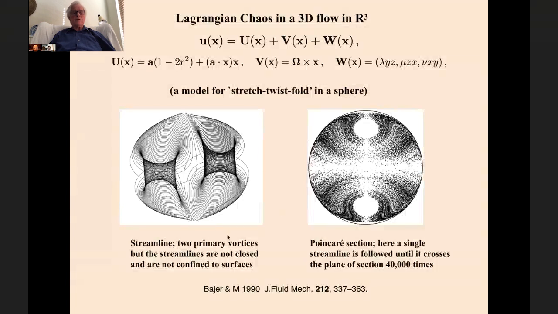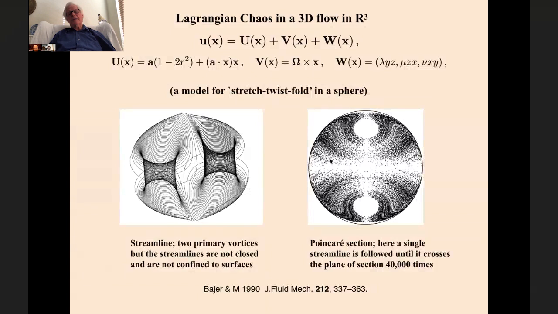The streamlines for a particular choice of all the parameters here are shown in this picture, and it looks like 2 primary vortices. And you might think that that streamline lies on a surface, but in fact it doesn't, because when the streamline passes through either of these points, which are actually stagnation points on the spherical surface, the streamline shifts just a little bit, or the surface shifts just a little bit.